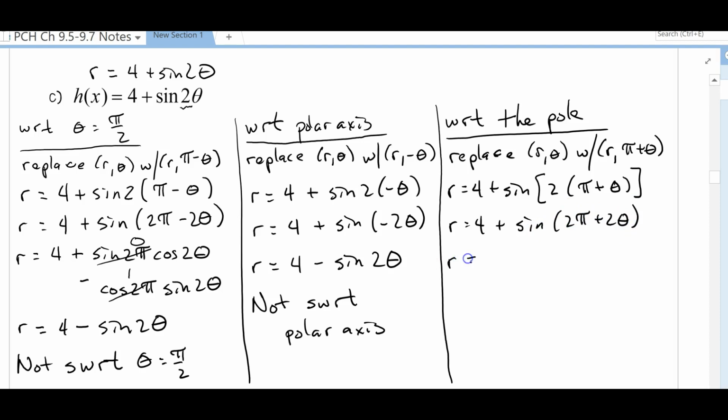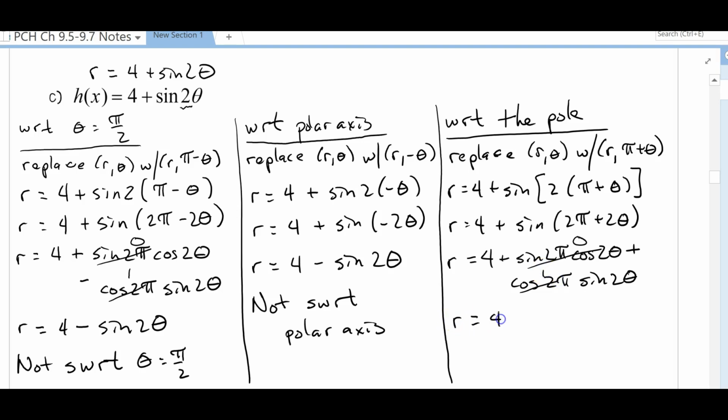Again, we'll use our sum formula for sine. So we have 4 plus sine 2 pi cosine 2 theta plus cosine 2 pi sine 2 theta. And again, this whole term here is going to be 0 because the sine of 2 pi is 0. Cosine of 2 pi is 1.